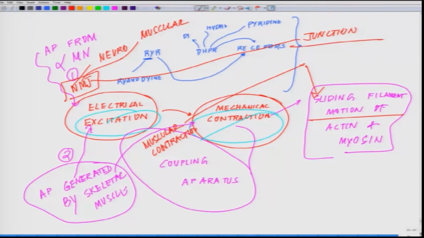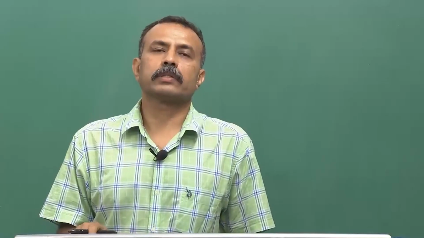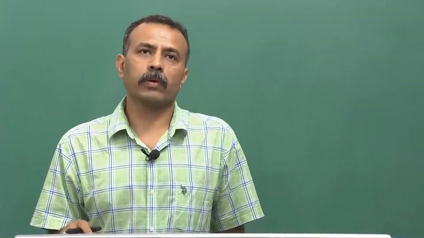Second, this muscular contraction is happening at this zone, is happening of course on the muscle, but this translation is taking place at RYR DHPR interface. So, we see at different levels these information transfers are being governed.